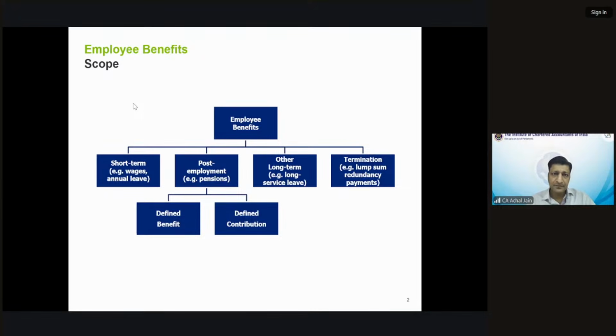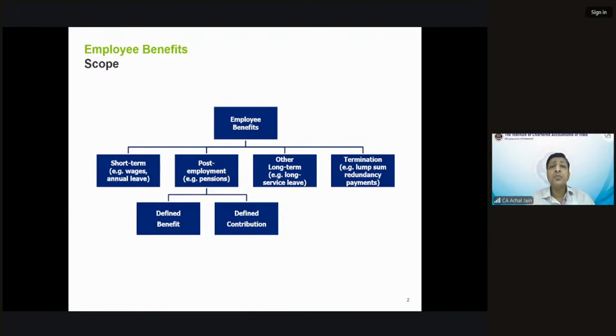Correct? Okay, so now moving further. In relation to employee benefits, we discussed that it could be a part-time employee, a full-time employee, or a casual labor. The moment you say it's an employee, it will get covered.